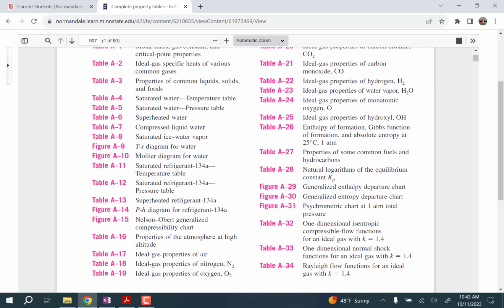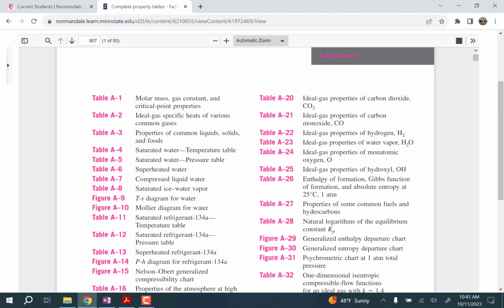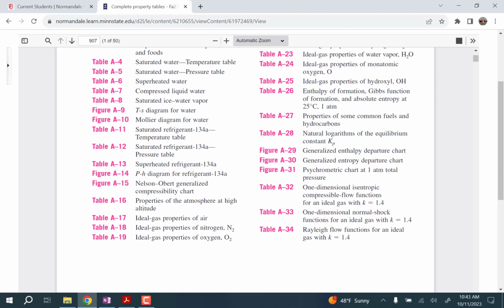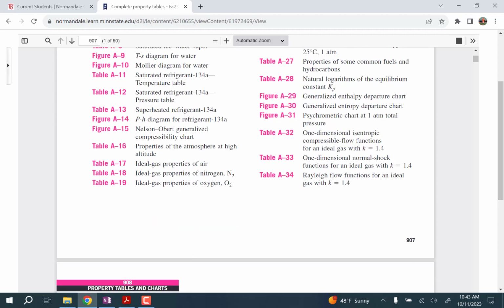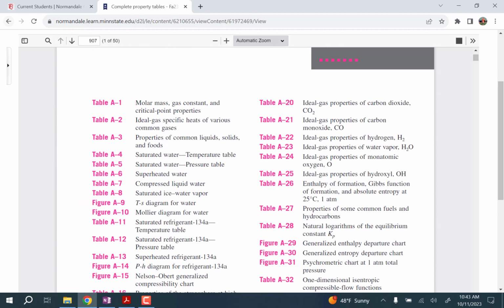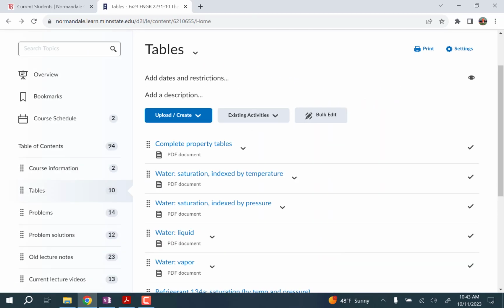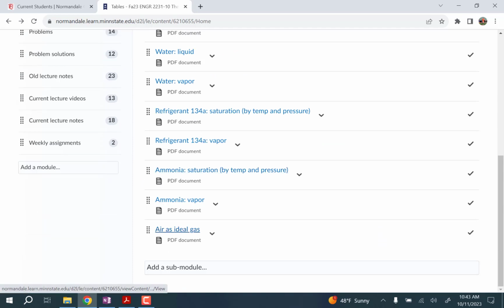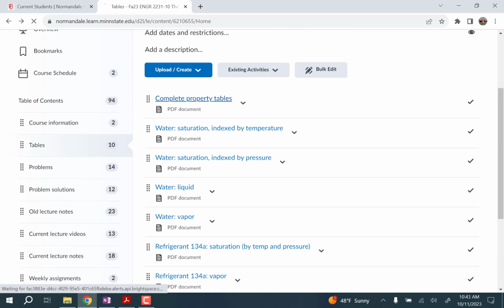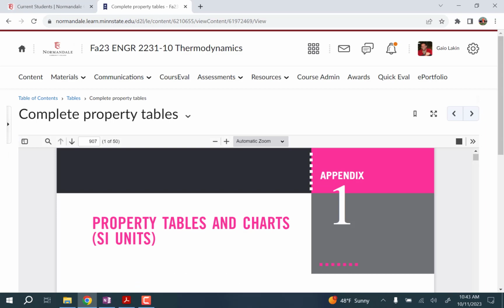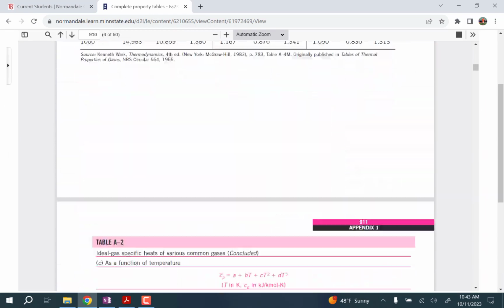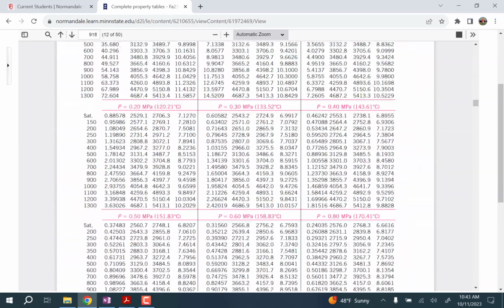And there are ideal gas tables, A17, A18, for all these different gases that could be useful. One of them should be air, which is basically nitrogen. There's also ideal gas tables for air on their own down here. So scroll all the way down to A17, 18, 19.